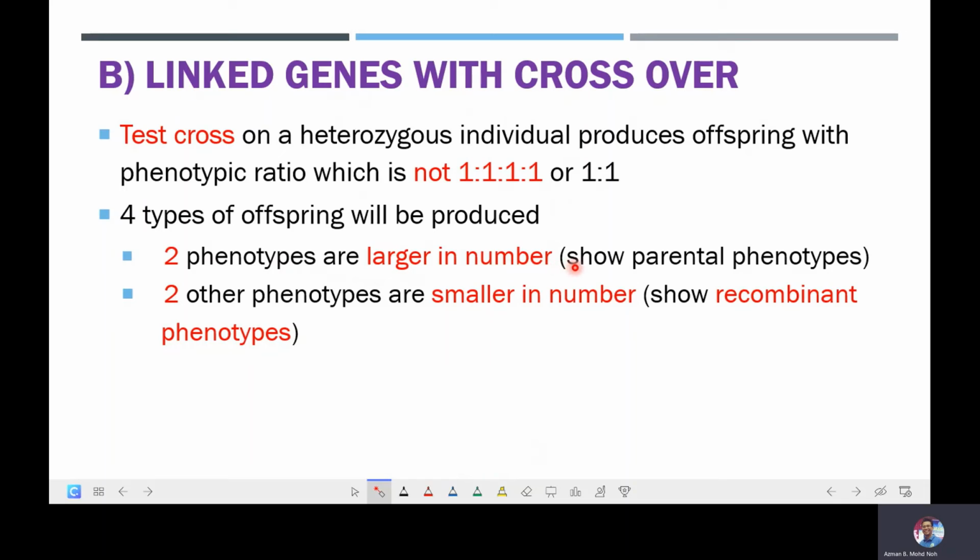This is said to be showing the parental phenotypes, meaning that these 2 large groups will be showing the same type of phenotype like the parents. Meanwhile, another 2 groups will be in a smaller number. This will be showing the recombinant phenotype, which is different from any of the 2 parents.